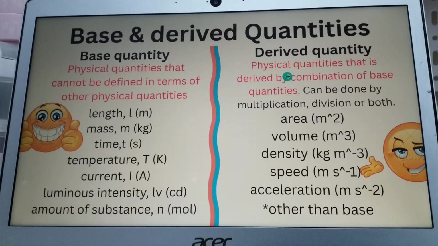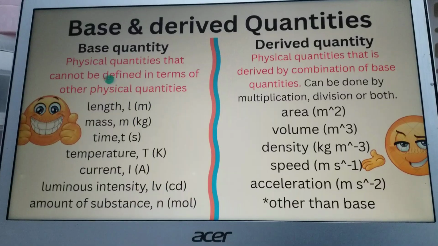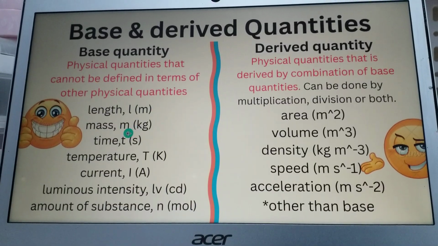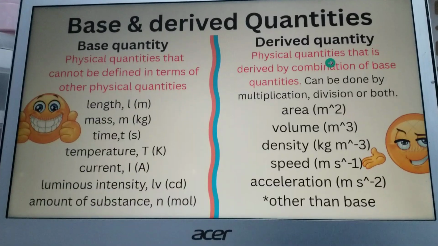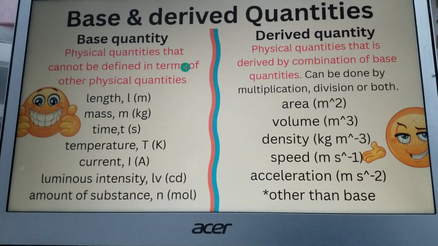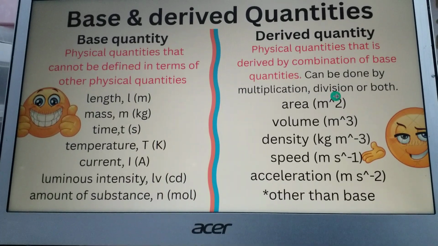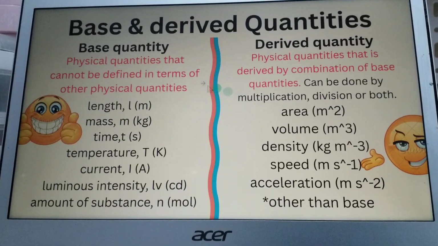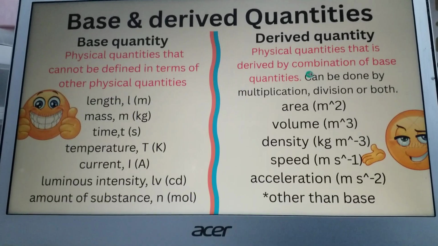So basically, these are the base quantities, right? And these cannot be defined in terms of other physical quantities because they are the OG. So derived quantities are combinations of base quantities. And we use multiplication, division, or both to combine the base quantities to become derived quantities.